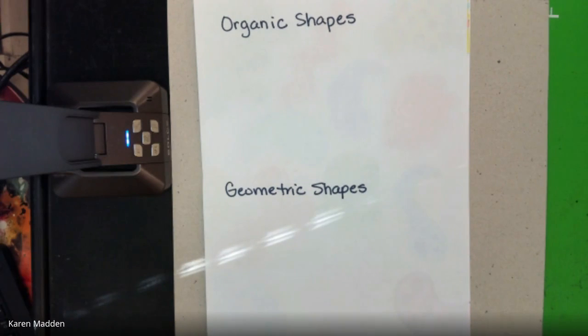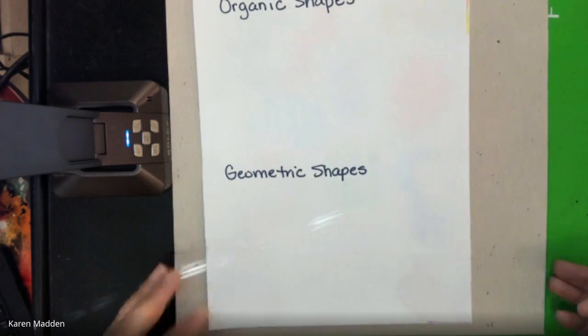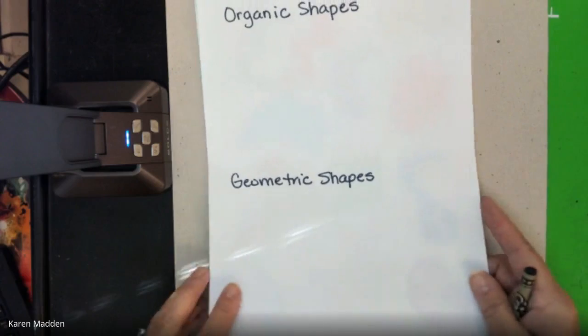Those are shapes that we really can't put a name on. Sometimes we have to say what the object is versus what the shape is. Geometric shapes are those shapes that you have been learning about since kindergarten, like a circle, a triangle, a square, or a rectangle. Those are shapes that we create that can be more man-made.